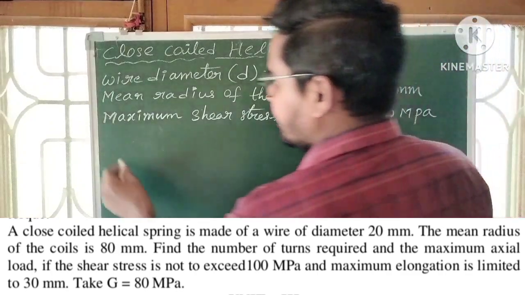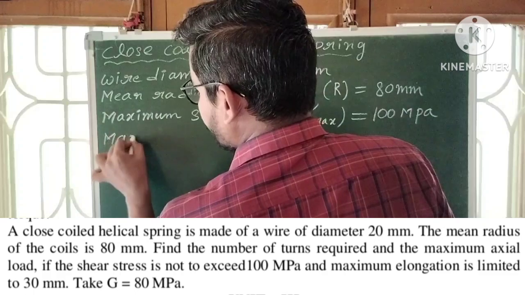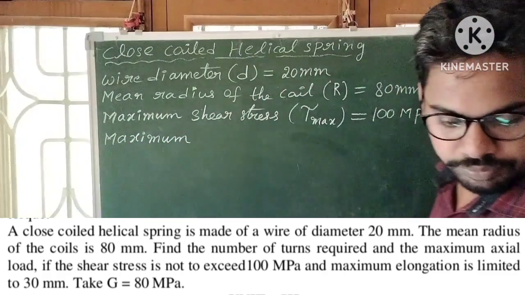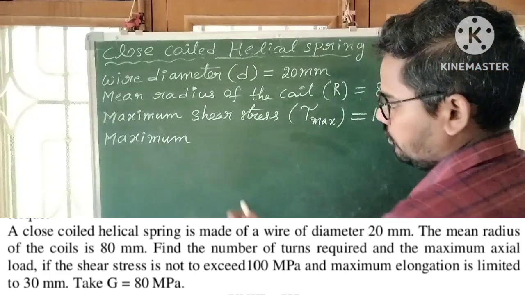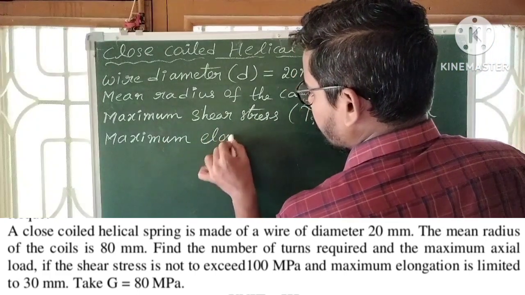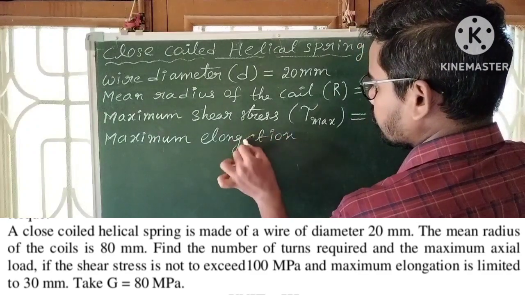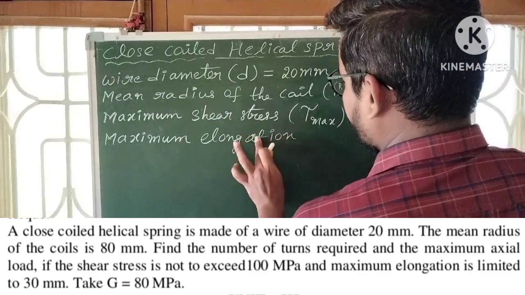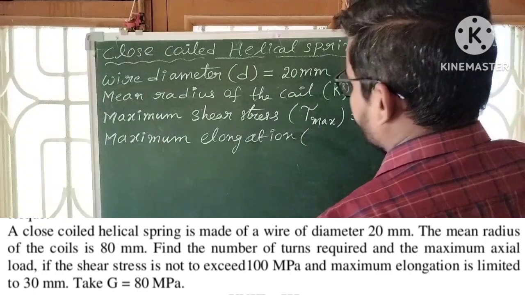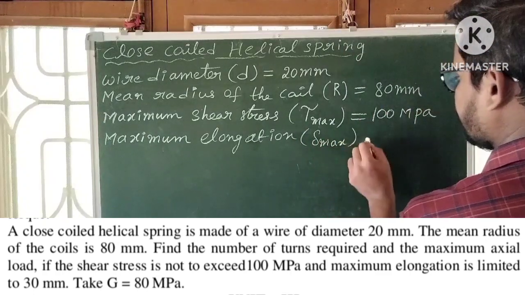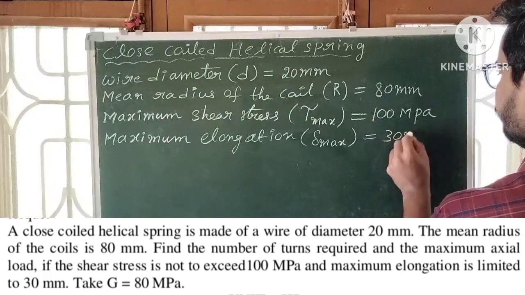And he given maximum elongation, let us say delta max, is equal to 30 mm.